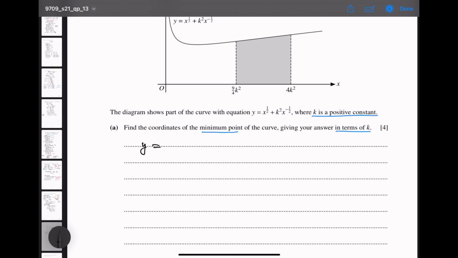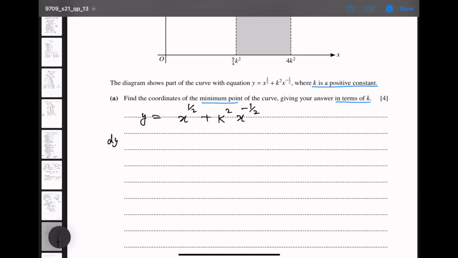The equation of the curve is y is equal to x power 1 over 2 plus k square x power negative 1 over 2. dy over dx will be 1 over 2 x power 1 over 2 minus 1, that is negative 1 over 2, plus k square, which is a multiple only and just remains the same. Differentiation of x power negative 1 over 2 is minus 1 over 2 x power negative 3 over 2.